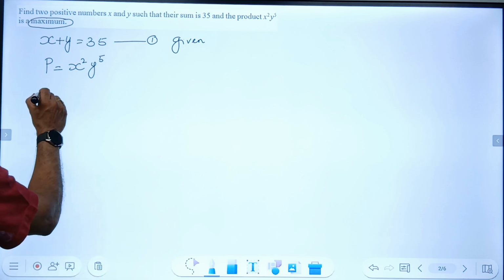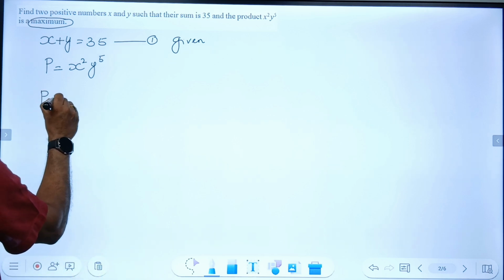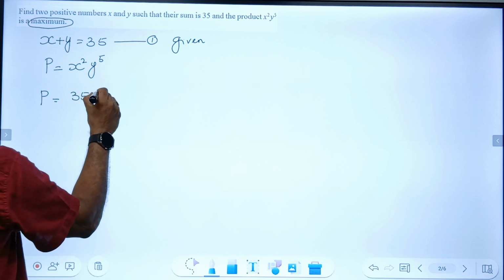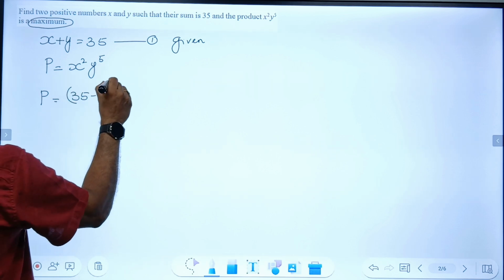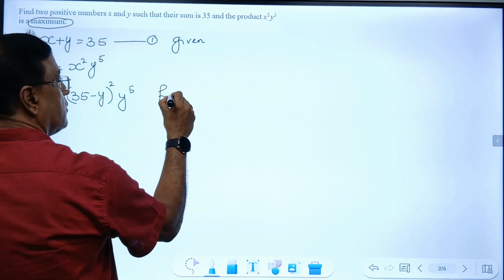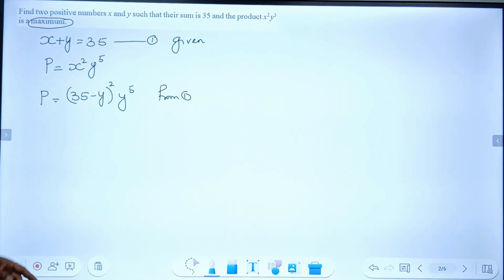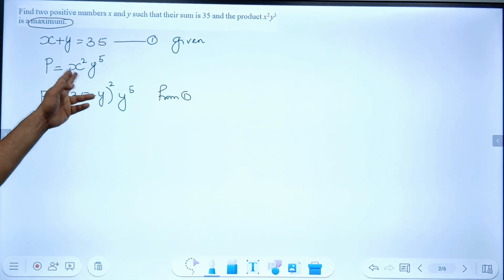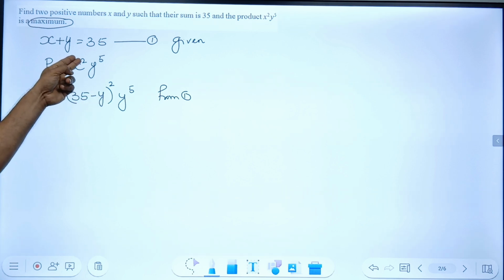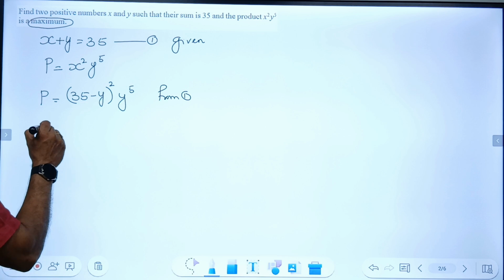Here I will try to change x. So x is (35 minus y) the whole square. Now you can see it has only one variable. If you want, you can change y also, but I prefer to change x because the power of x is small, so it's easy to simplify, nothing else.